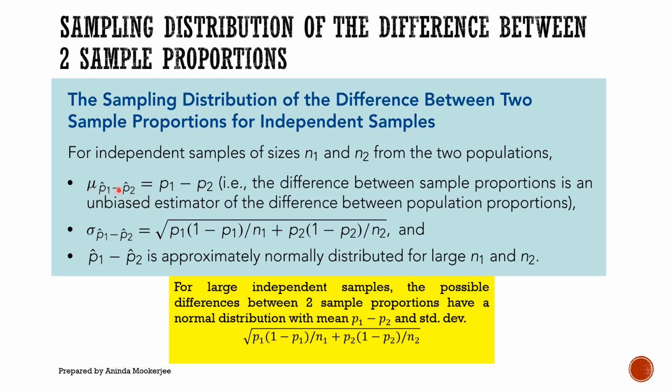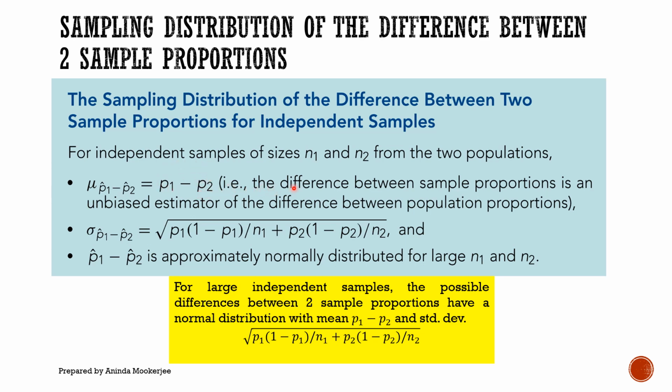That means the mean of the difference of all proportions is equal to whatever the difference is between the two population proportions. Note that p sub 1 and p sub 2 here do not have the hat. So that means the mean of the difference of all sample proportions is going to be equal to the difference in the population proportions.